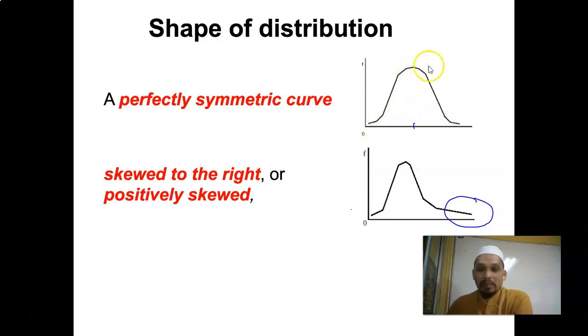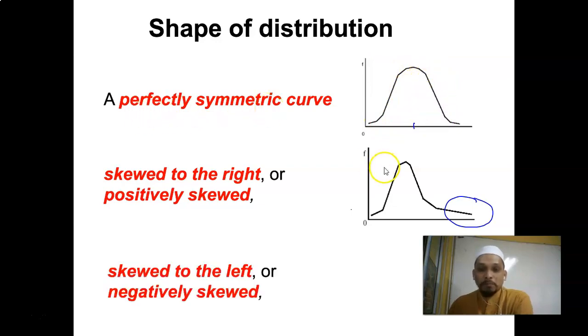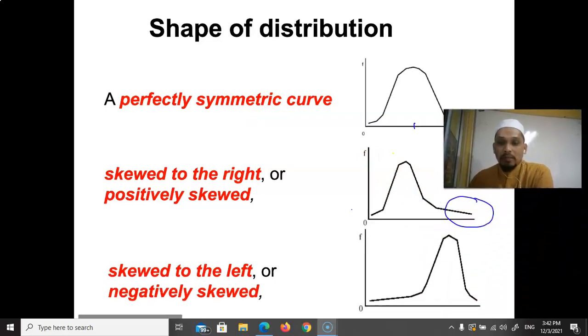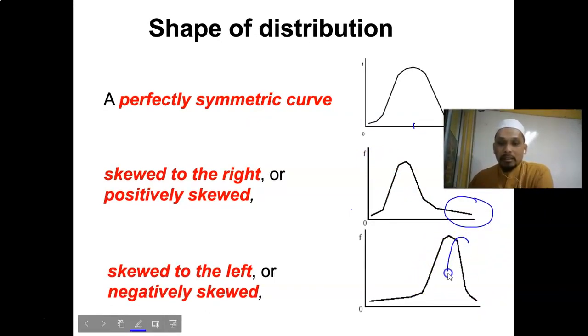The left and right are equal, so it is a perfectly symmetrical curve. Then for this data, most of the data is on the right side of the graph, and the tail has a small number of data on the left side.